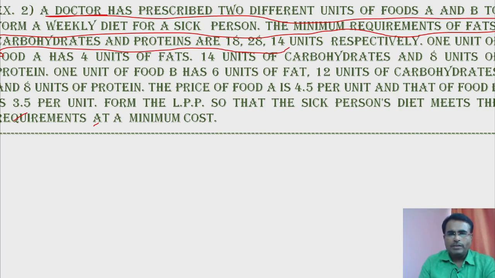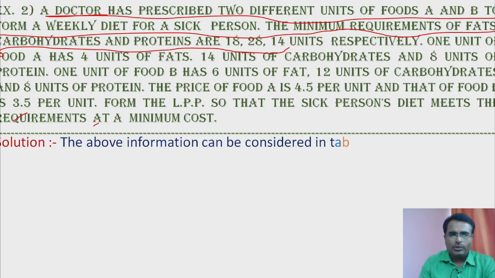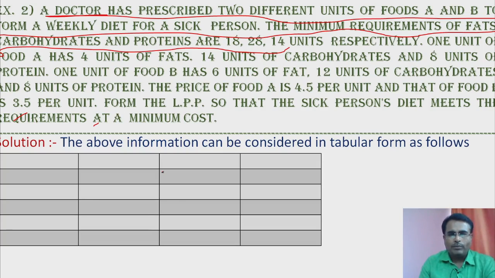Now see how we can summarize this information in a tabular form. While considering the solution, our first step is that the information must be put in a tabular form. So let us see what type of information we have. We have two types of foods, food A and food B. Their contents are three types: fats, carbohydrates and proteins.